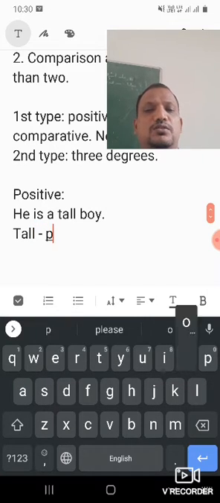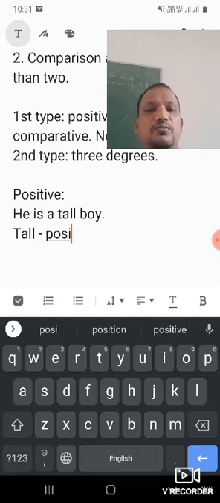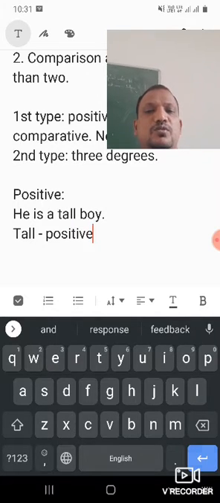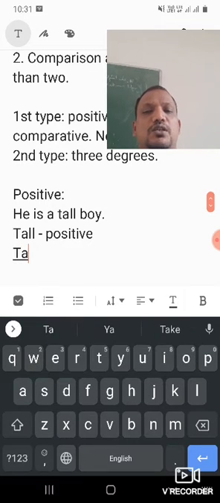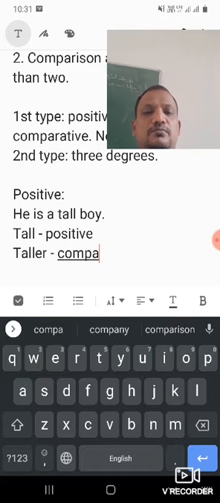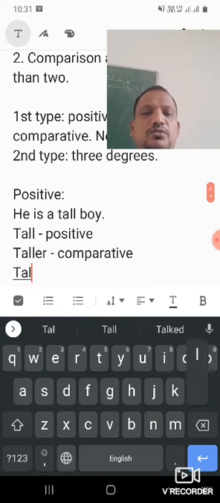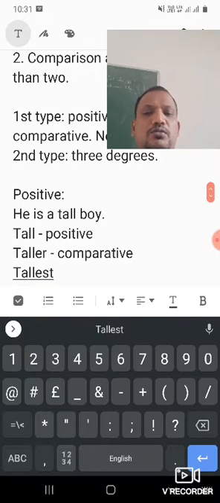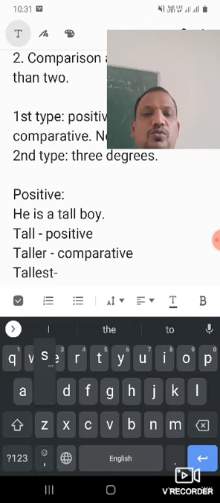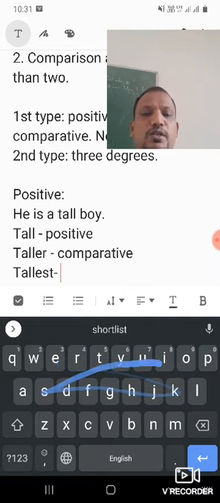Tall is in the positive degree, taller is the comparative degree, and tallest is the superlative degree.